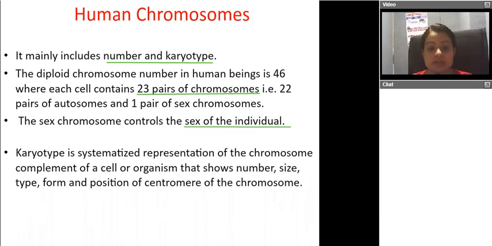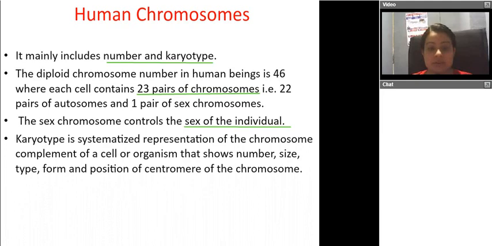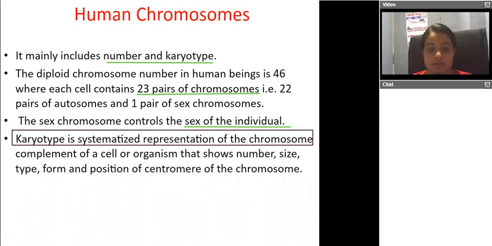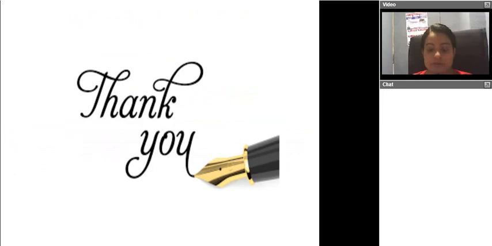Karyotype is the systematic representation of the chromosome complement of a cell or an organism. It shows the number, size, type, form and position of the centromere of the chromosome.